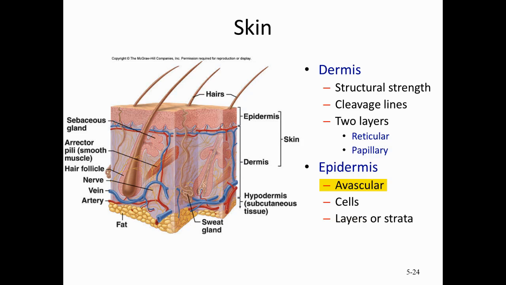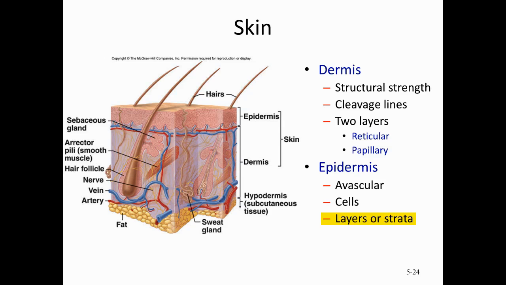But the epidermis itself is avascular, no blood supply. It gets its nutrients and everything by diffusion. It's made up primarily of cells, and the cells are going to be stratified squamous epithelium. And it's going to have many layers to it too.